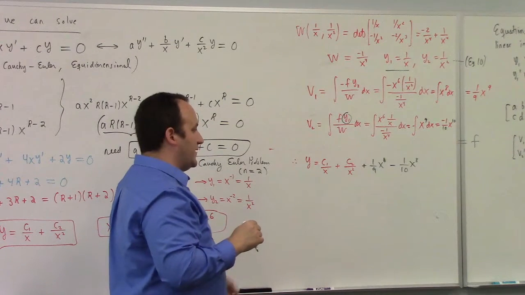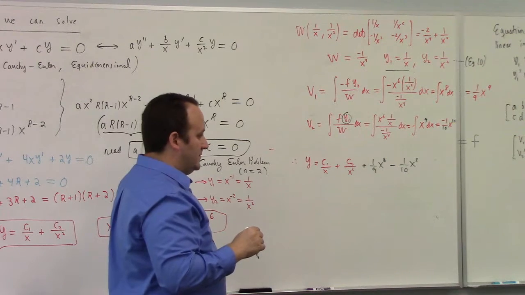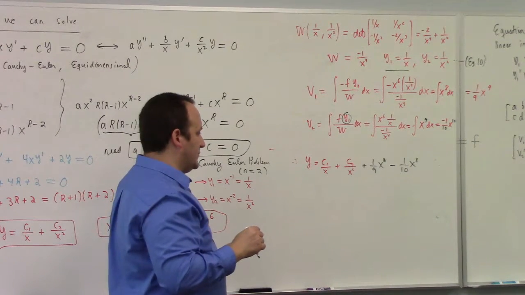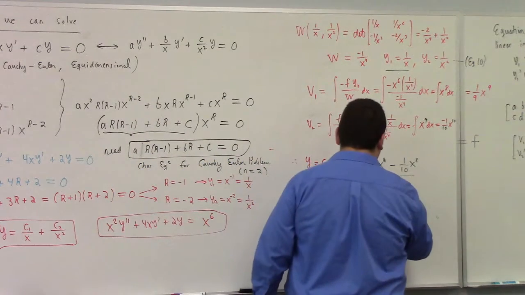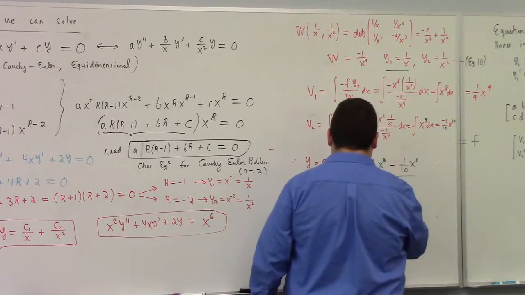Let's see, if I put those both in 90ths, we got 10 minus 9. So what is that? 1/90th, is that right? So that's my particular solution here.